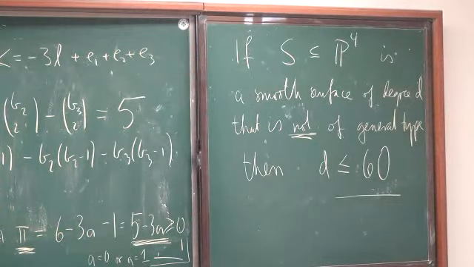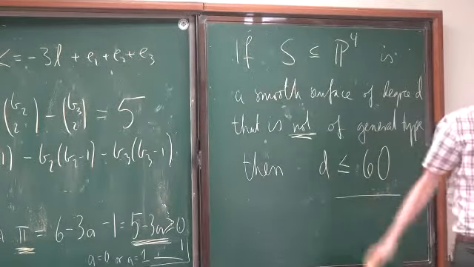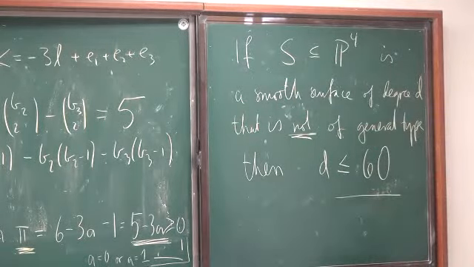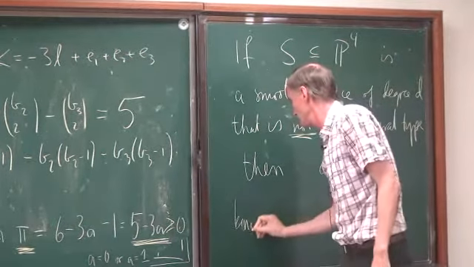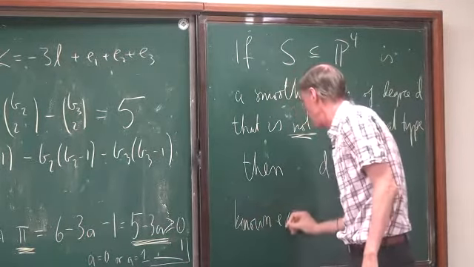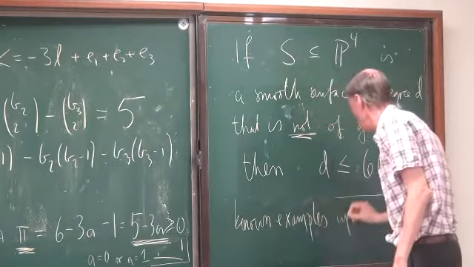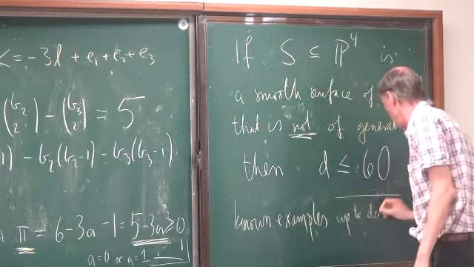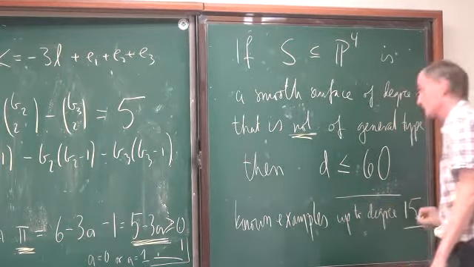And then you might worry, well, we've seen a few in degrees 3, 4, and 5. How far do we have examples? So known examples go up to degree 15.